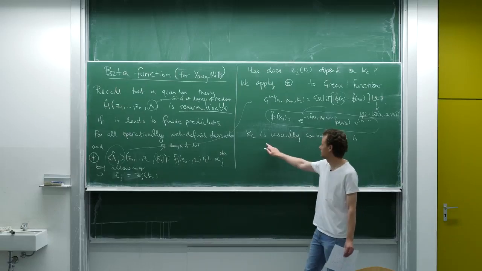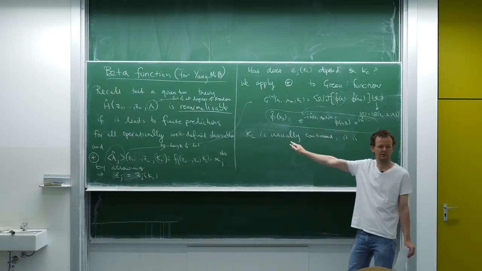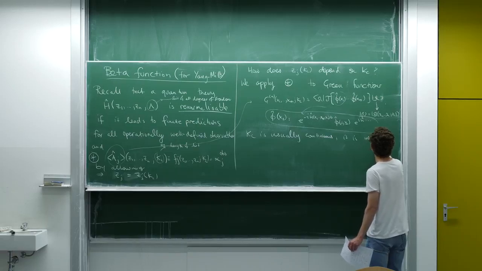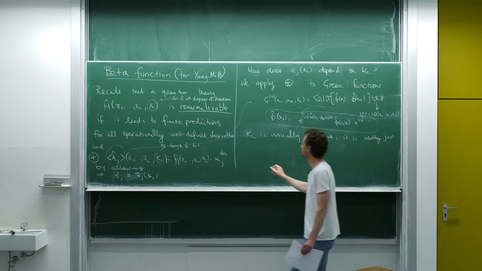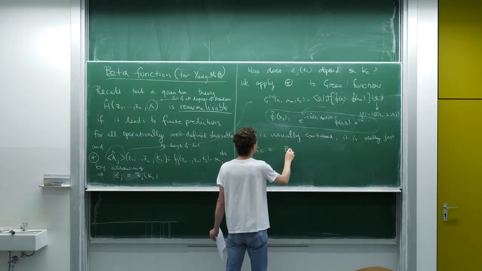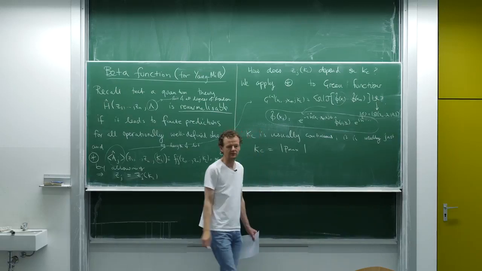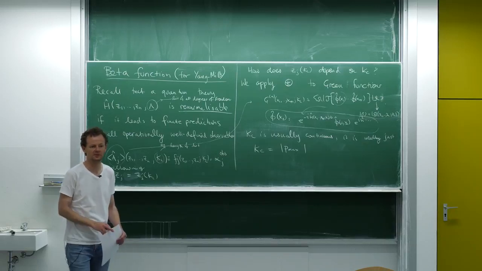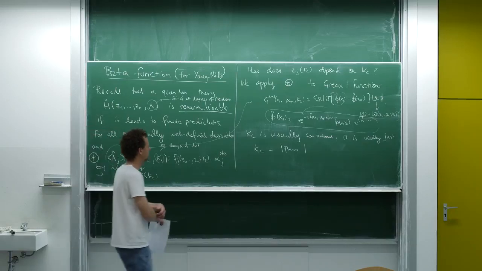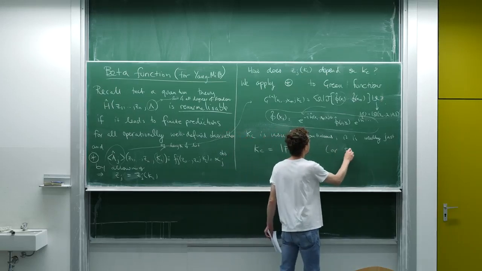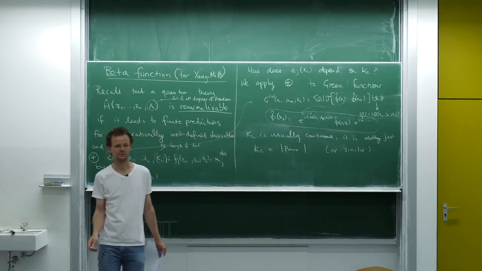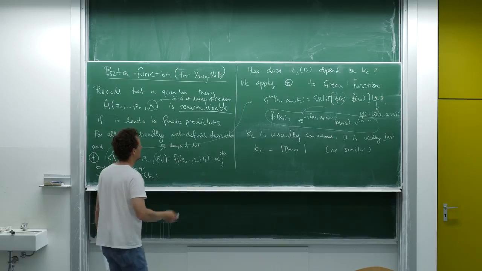Sometimes it's convenient to allow this Kc to be discrete, but almost always in quantum field theory, this Kc is continuous, and it is just the maximum momentum that your theory is allowed to have. The maximum momentum mode that could appear, or similar. We'll actually see in the second part of today's lecture that Kc will equal something in real space, namely the lattice spacing, but that's by the by.